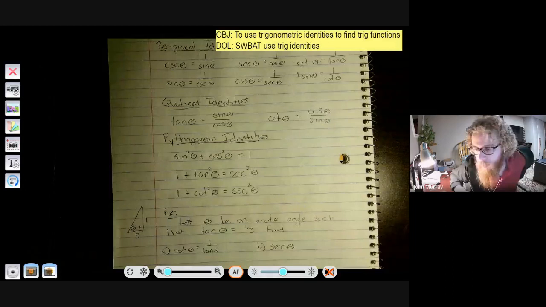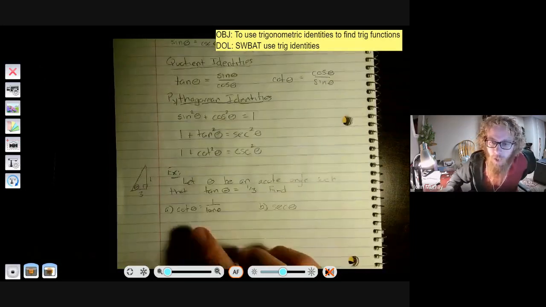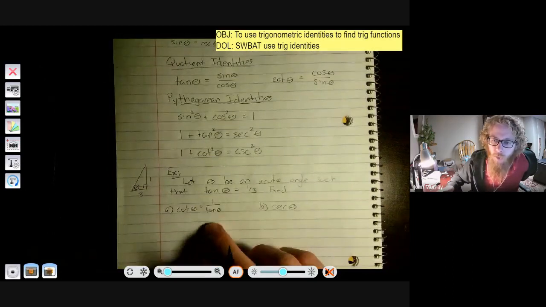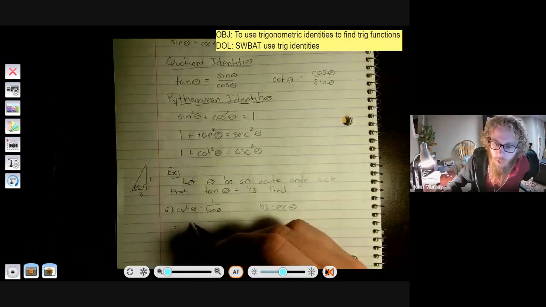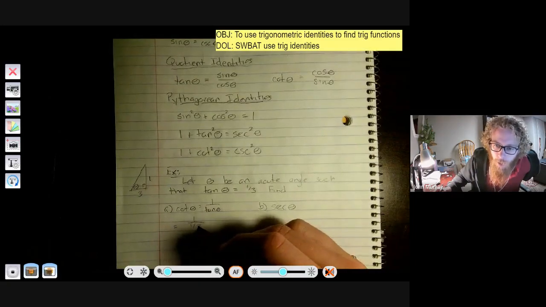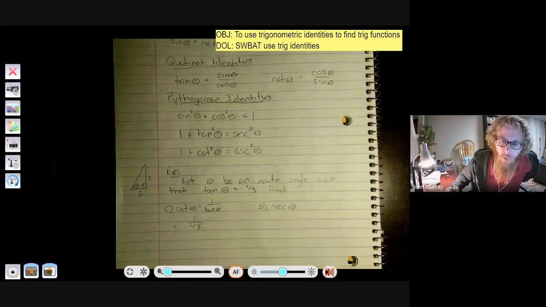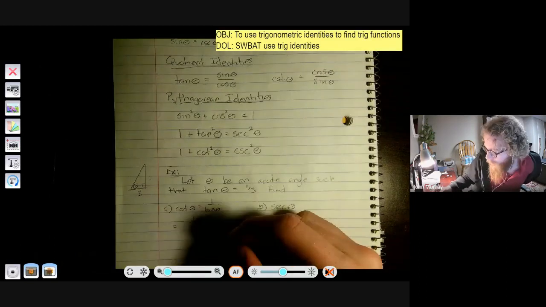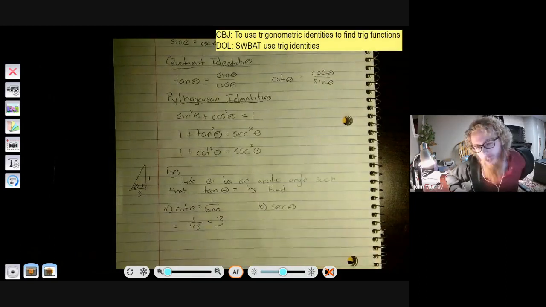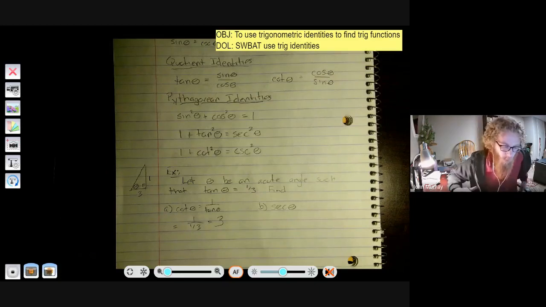You don't have to do this as long as you start to feel comfortable. Cotangent is 1 over tangent. Well, we know that tangent is 1/3, so we have 1 over 1/3, which gets us 3. Or you just know that you flip them around. That one is pretty straightforward.